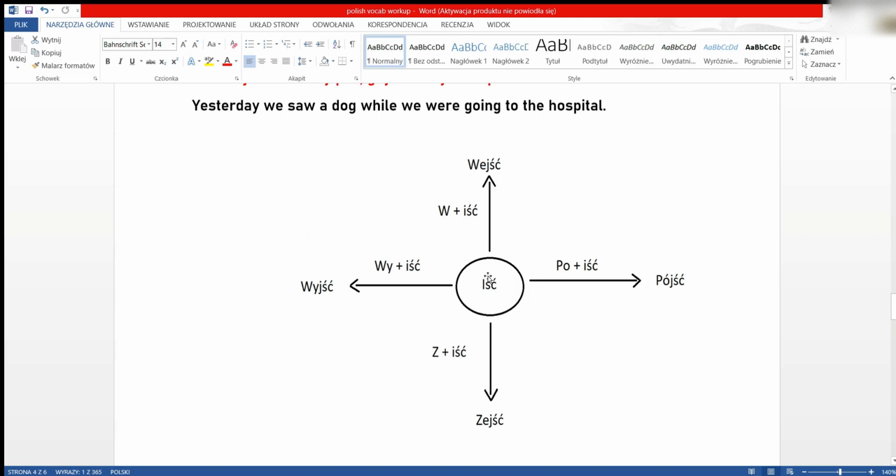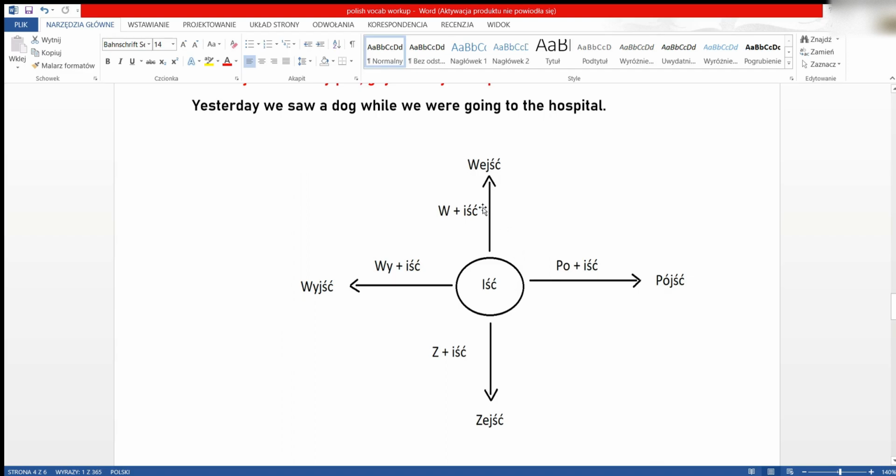For example, the word iść and the word pójść, the difference between them is po at the beginning. For me it makes sense, because if you add po to iść, it translates to pójść, something more in the future.